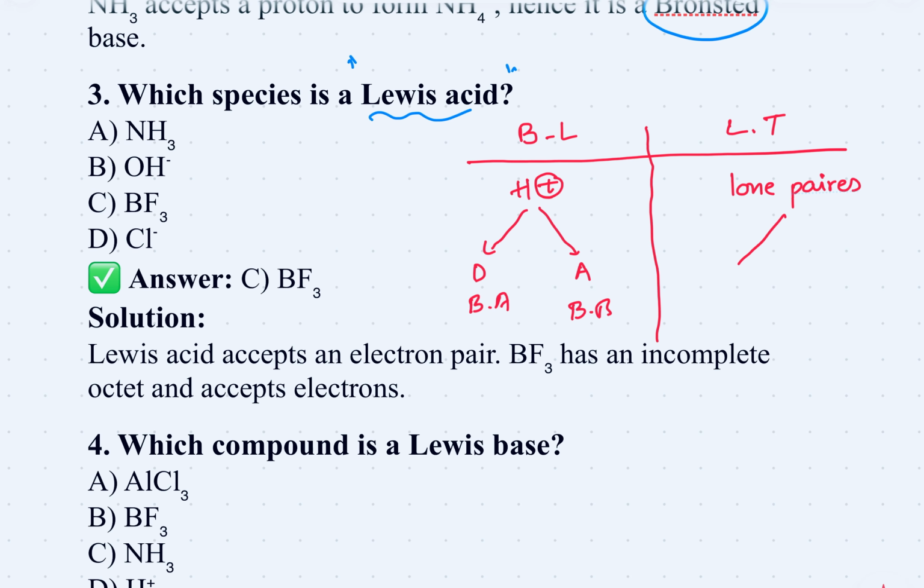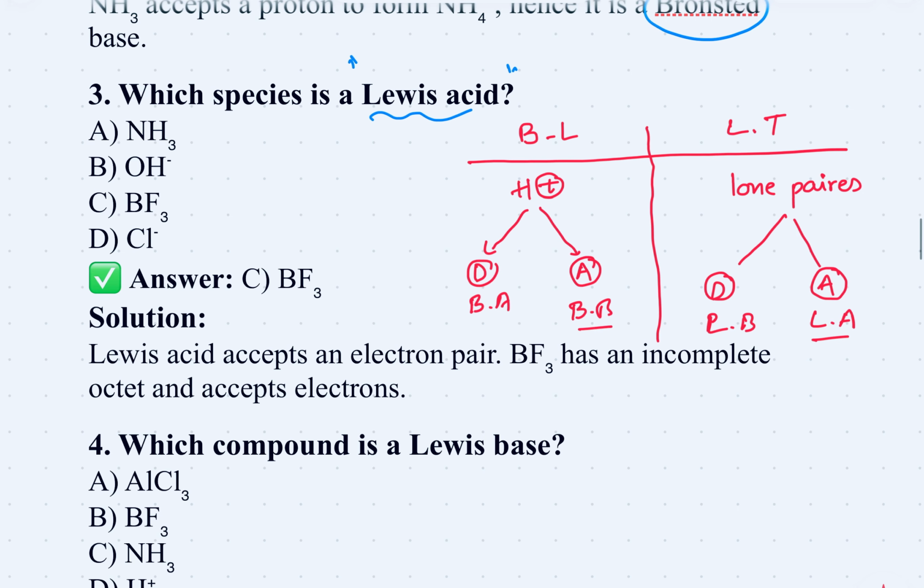But here, lone pair donor is called a Lewis base, and lone pair acceptor is called a Lewis acid. Don't forget, acceptor, donor. There is some confusion. Here the acceptor is called a base, but it is lone pair. Here it is the H+ ion.